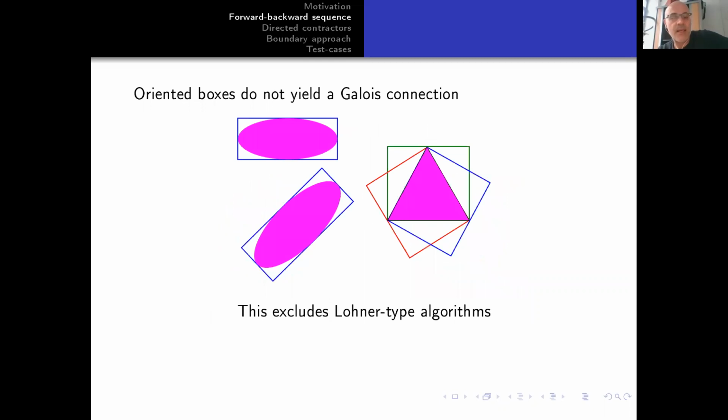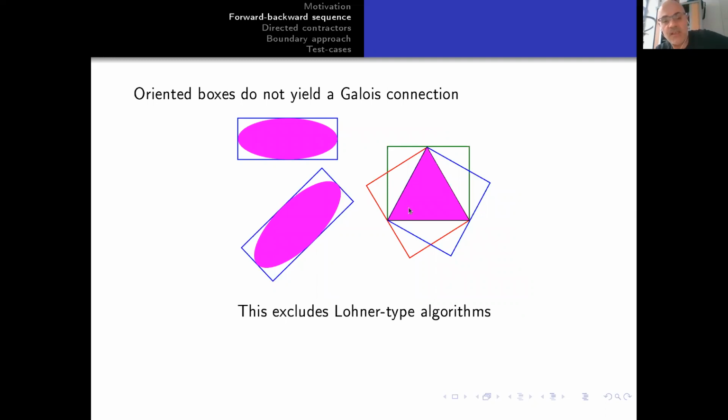Okay. Another possibility is to deal not with spheres, but with oriented boxes. If I take, for instance, a set, I can have the feeling that I want to use approximation using oriented boxes.